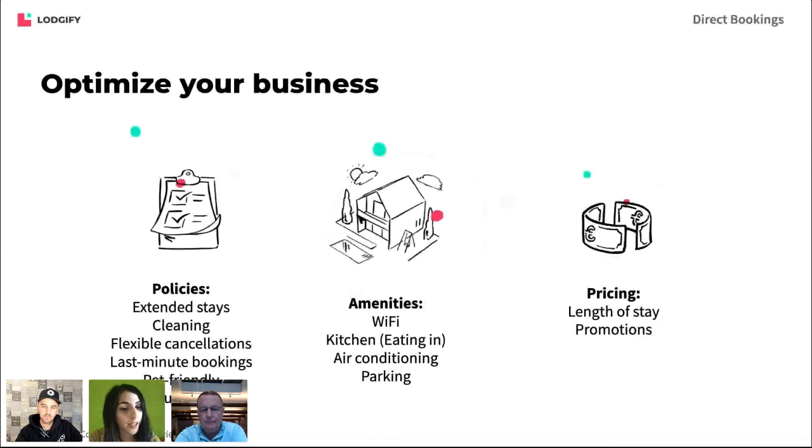Also turning on instant booking for the last minute bookings, and even maybe considering making your vacation rental pet friendly, and considering to open it up a bit more to group travel, because that's what's really trending right now.